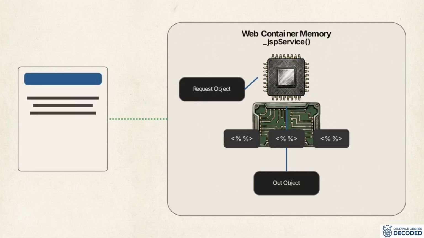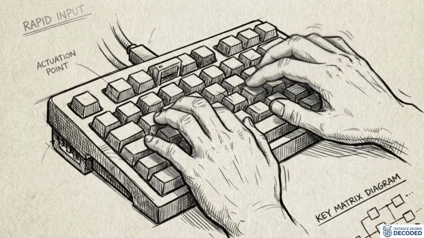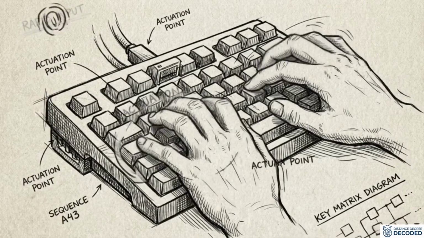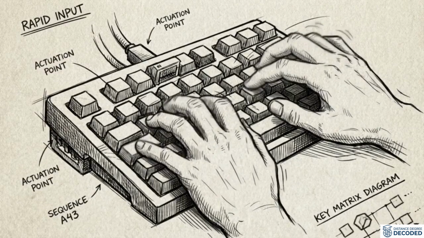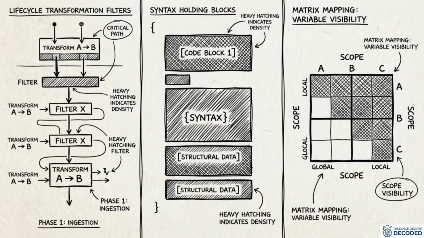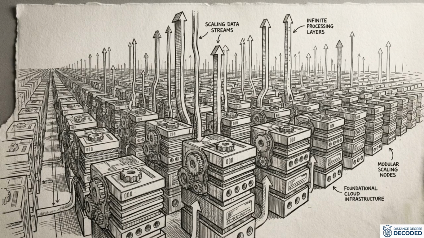The web container ejects this HTML back across the network as an HTTP response, where it renders on the client screen. The developer writes code that physically resembles a simple HTML document, but the web container processes it as a fully optimized Java application. By mastering the translation lifecycle, the component architecture, and strict scope management, engineers can use JSP to turn static documents into highly scalable web architectures.